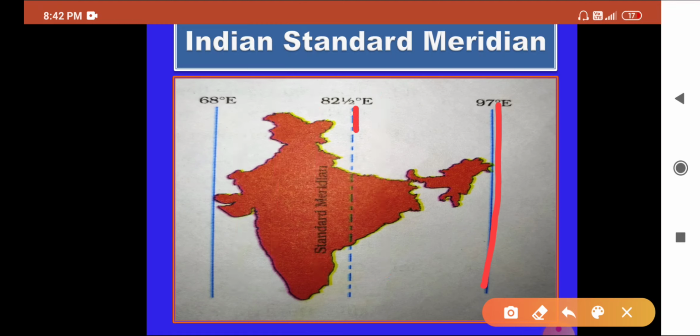Okay, here you can see that this is the center of these two lines. From 68 degree to 97 we have taken center after 15 lines approximately. This is 82 degree half minute east. So this line has been chosen as a standard meridian line of India.